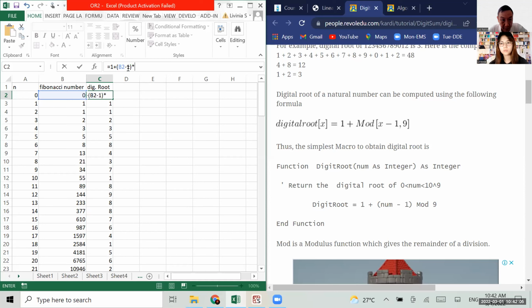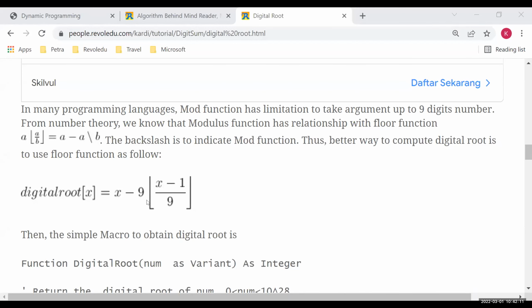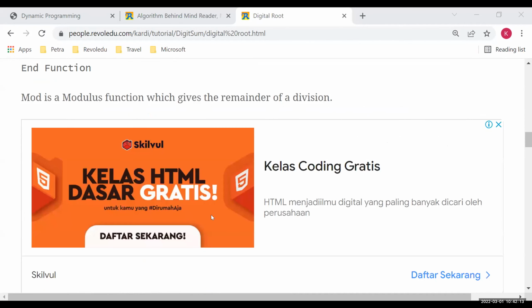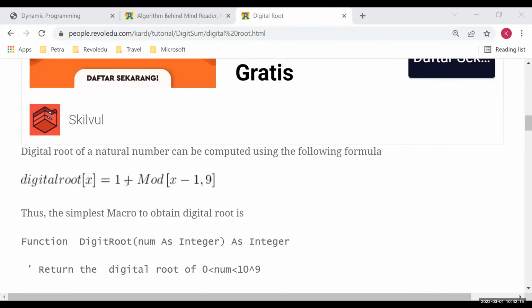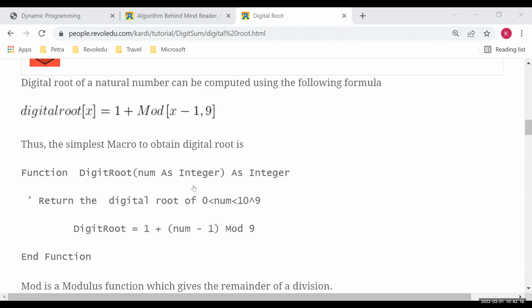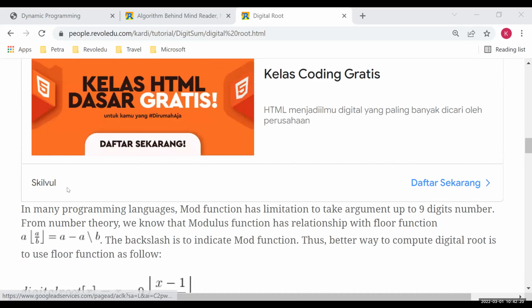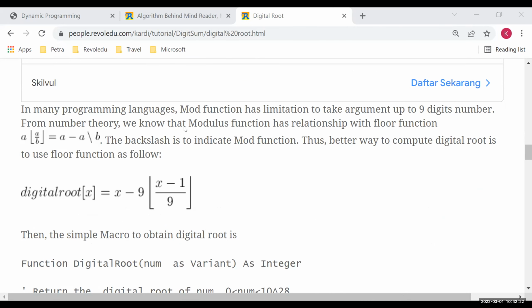I will share my screen so that you will see. This is the one. Earlier this one, right? You go down a little bit. Okay, I found it. It does not have the limitation up to 9-digit numbers. Your number is larger than 9 digits, so Excel cannot take it.